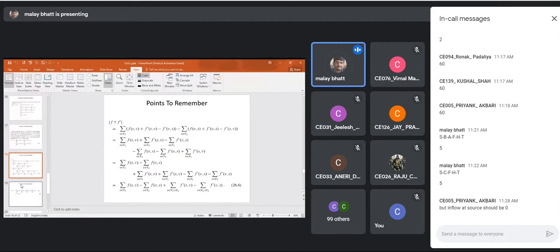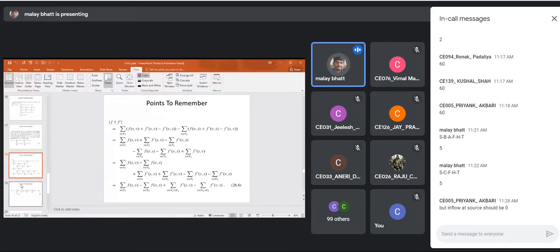For the first one, sigma over V belonging to V1 of f(S, V) + f'(S, V) - f'(V, S). Just we are using the augmentation equation for (S, V). Similarly, we'll write for the other one: sigma over V belonging to V2 of f(V, S) + f'(V, S) - f'(S, V). Is it clear? We are using the augmentation equation for both terms. Now we'll rearrange the terms.